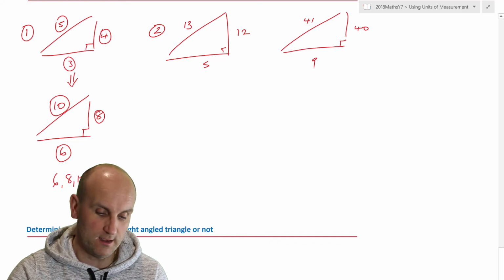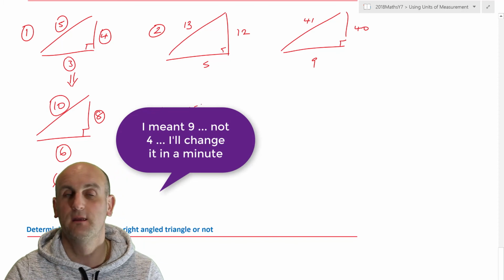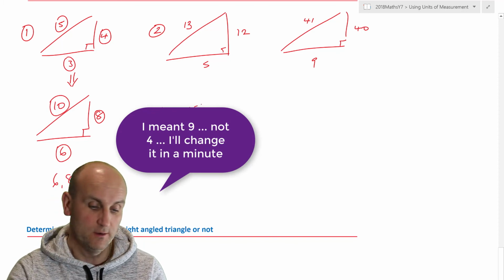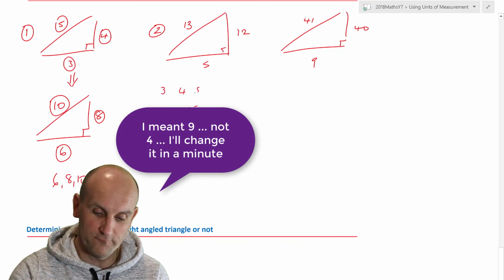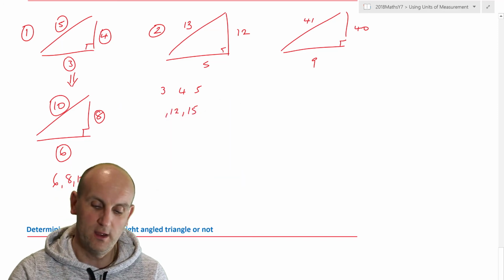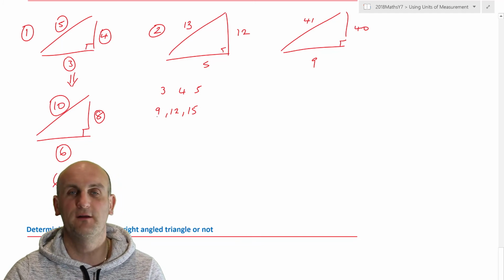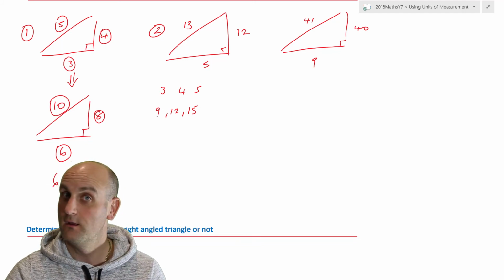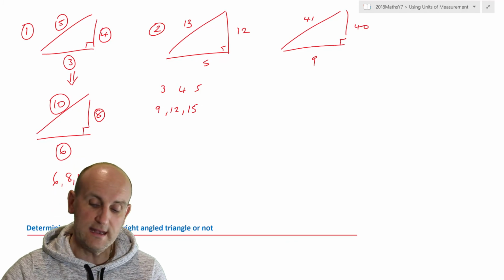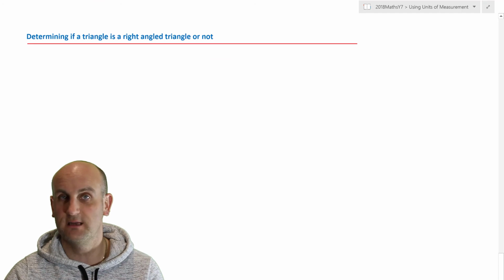And so will 9, 12, 15. Where did I get the 9, 12, 15 from? Well, I took my 3, 4, 5 triangle and multiplied everything by 3. All good?